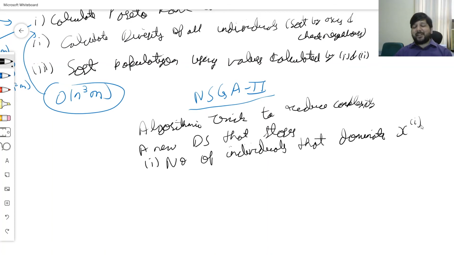If this metric is equal to 0, no individual dominates xi, that means it's Pareto rank 1. And it also stores the list of individuals that xi dominates.